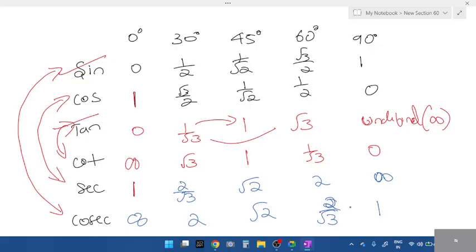How did we get sec? Secant. Which one did we reciprocate? Cos. And for cosec, again the opposite. Go through this.